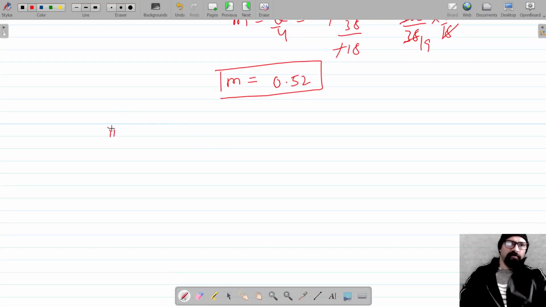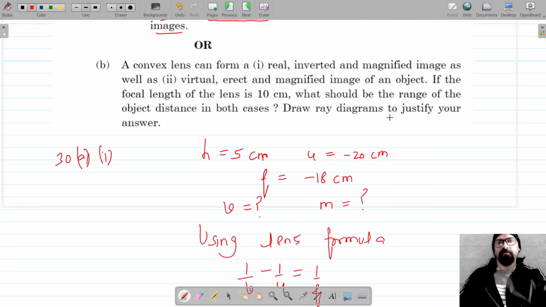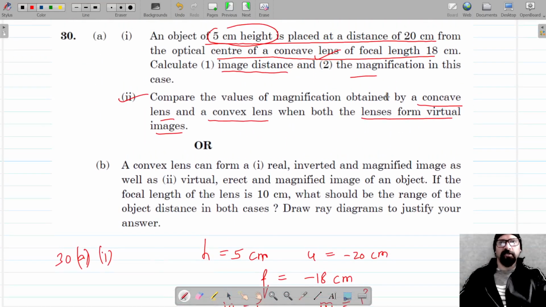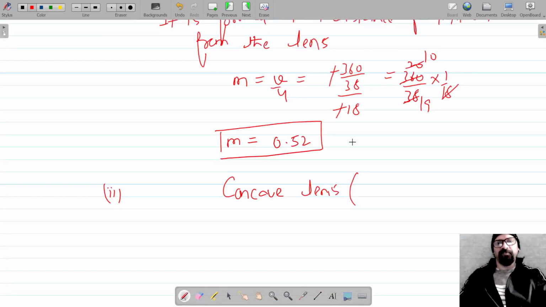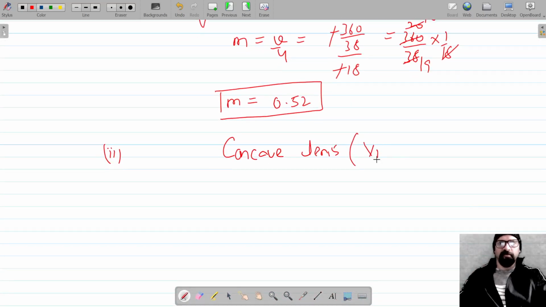So this is part second, and for a concave lens, the image formed is virtual. So in both cases, for concave and convex lens, we have to compare the values for virtual images.